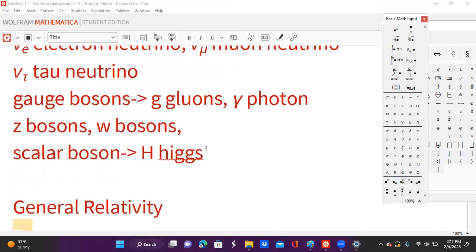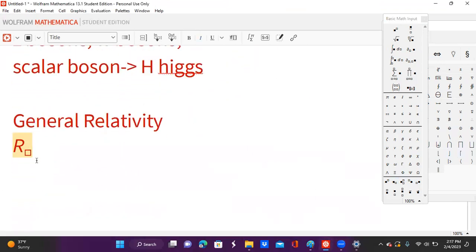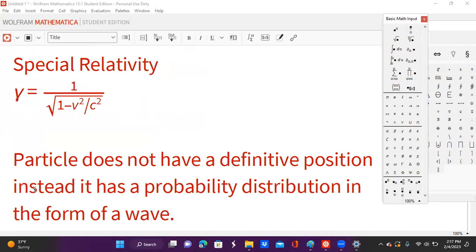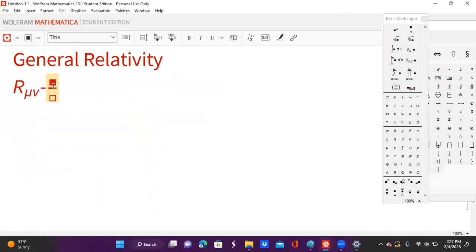R mu nu minus 1/2 R g mu nu equals 8 pi G T mu nu.